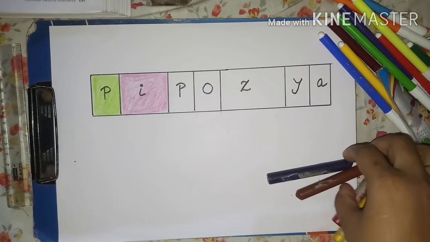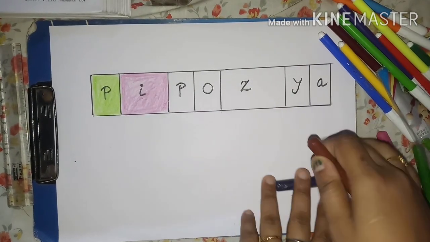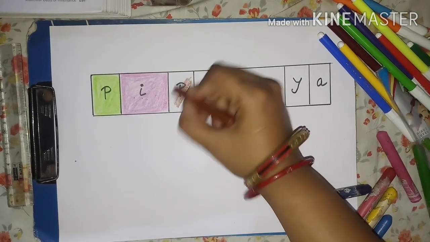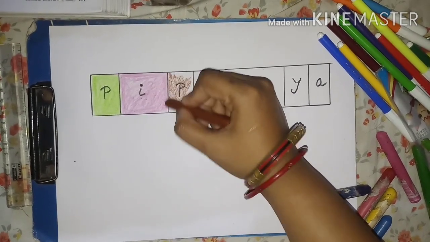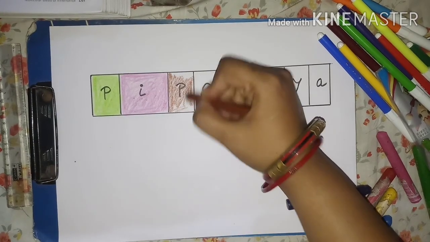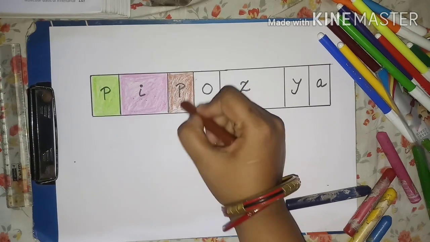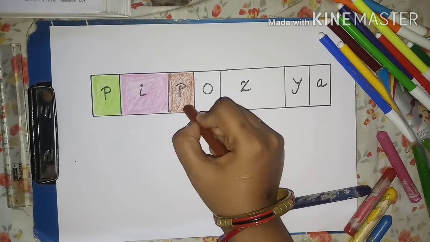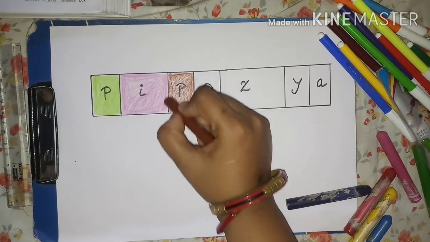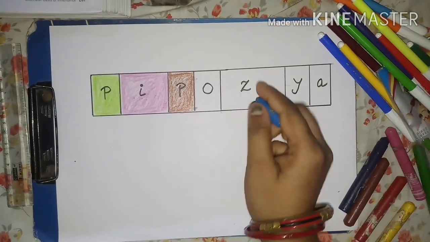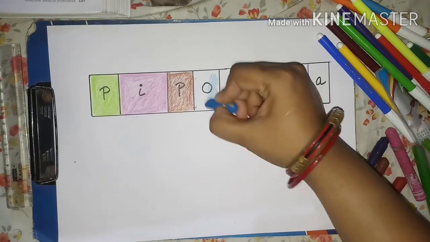Similarly, you are going to color all these parts, all these segments and genes in different colors. This promoter I am coloring brown. This is the operator region.